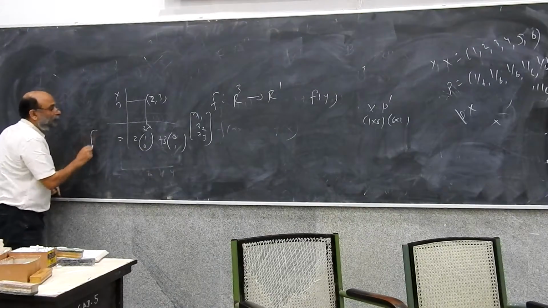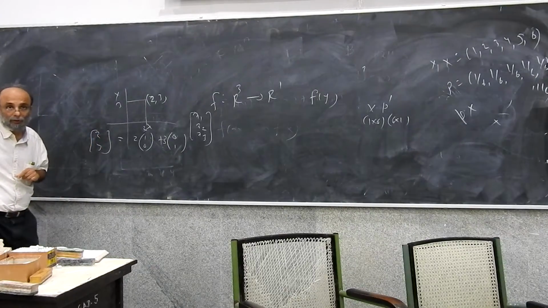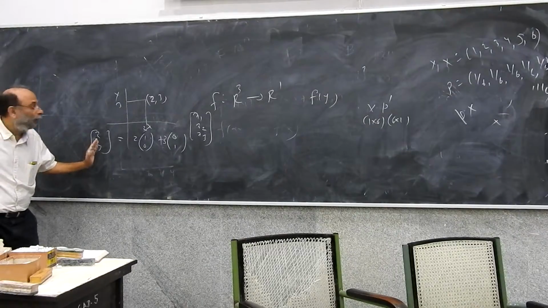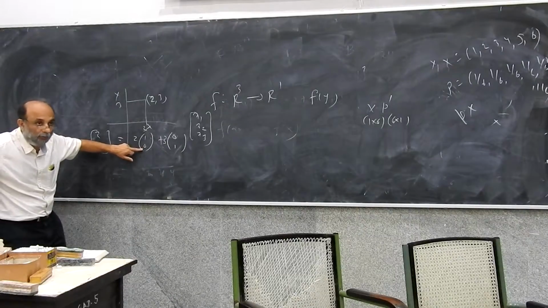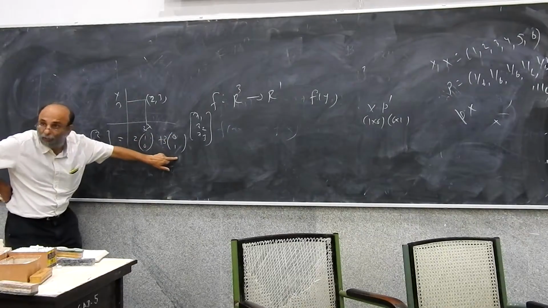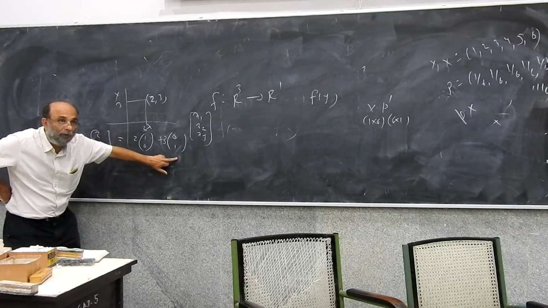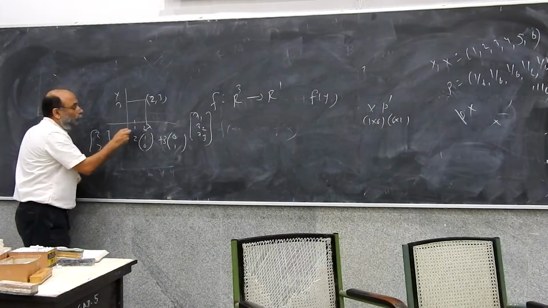This will give me the vector 2, 3. The vector 2, 3 can be obtained by 2 into the vector 1, 0 plus 3 into the vector 0, 1. What is the vector 1, 0? 1 here, 0 here.